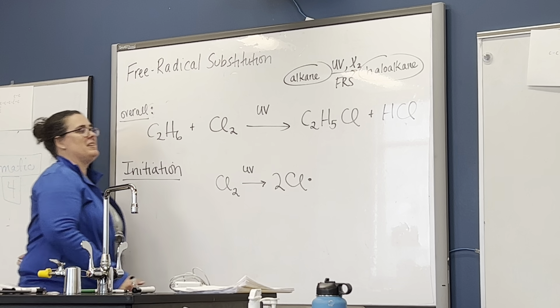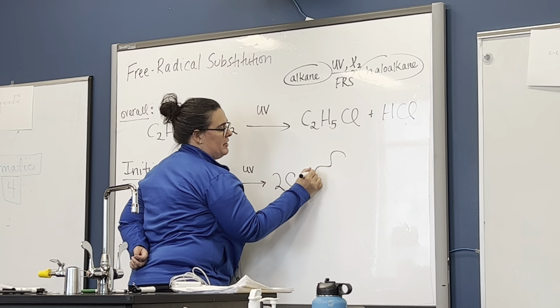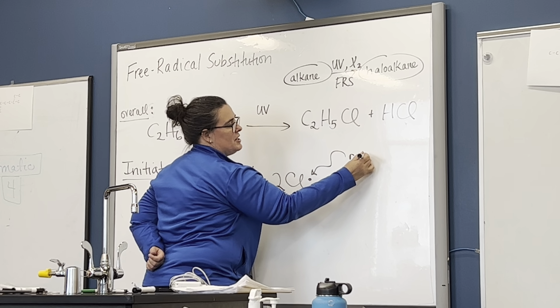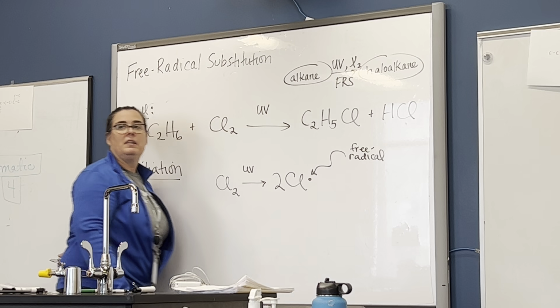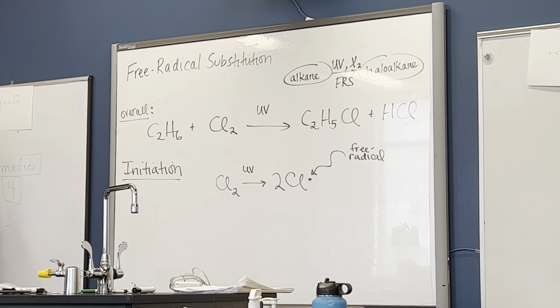The presence of this lone electron is what makes this a radical. They're very reactive. Electrons don't like to be by themselves. This is going to go find something to attack and make some new molecules.